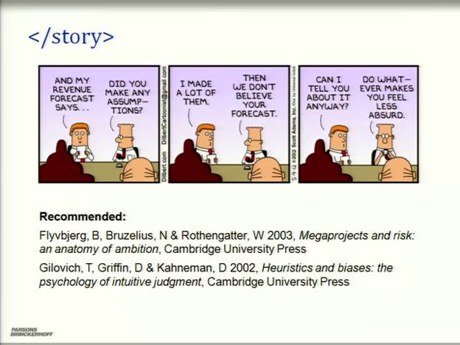It takes a long time to read the book, although it's only an inch thick. Another fascinating book is by Gilovich and some friends that talks about heuristics and biases, and how we weigh uncertainty consciously and unconsciously, and how we make decisions as humans about that. It's interesting if you're into this area, but if you're not, you can safely skip it.